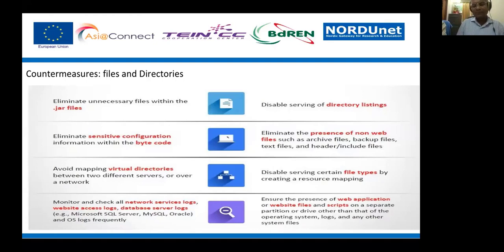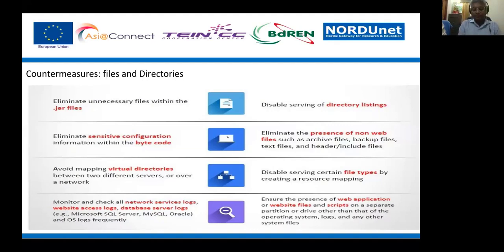And then disable serving of directory listings. If you allow a directory listing, the attacker will easily get the directory list, and he will try to get important information from this directory. And eliminate the presence of non-web files such as archive files, backup files, text files, and header and include files.